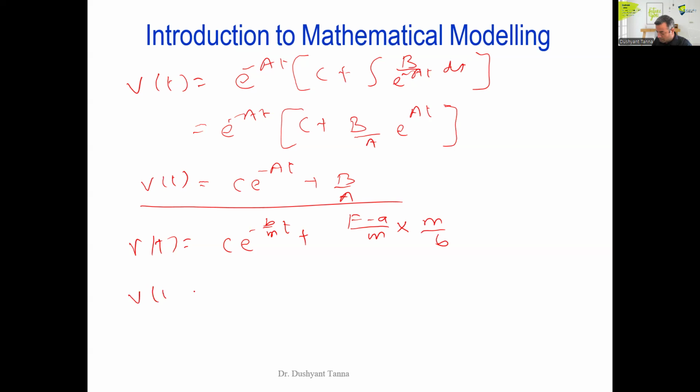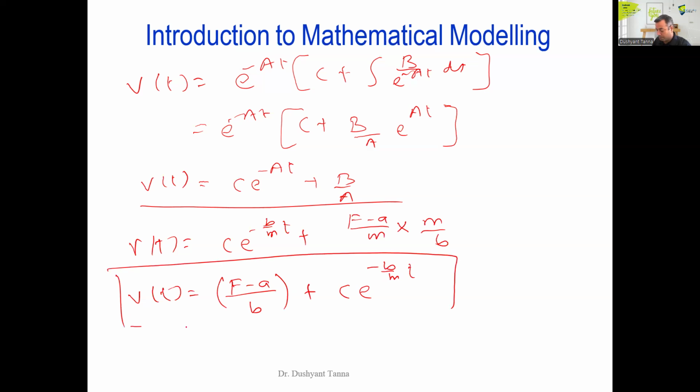So your v of t, we leave the constant in the front so it's easy to see, is F minus A over B plus C e raised to minus B over M t. This is my v of t. In the original, A, B and F are standard constants, right? C is the integration constant.